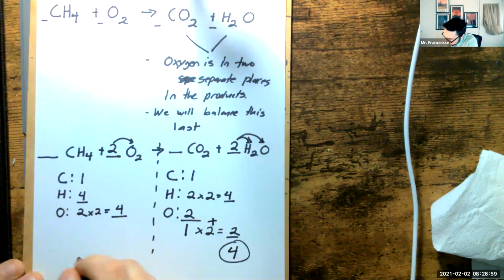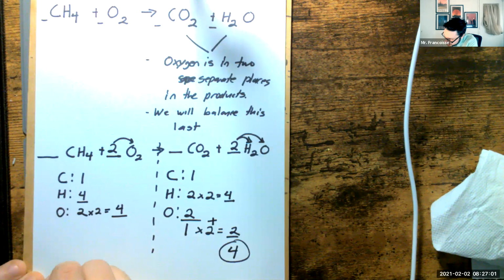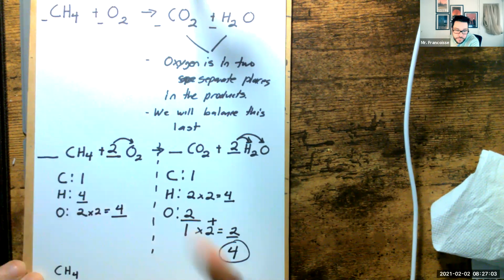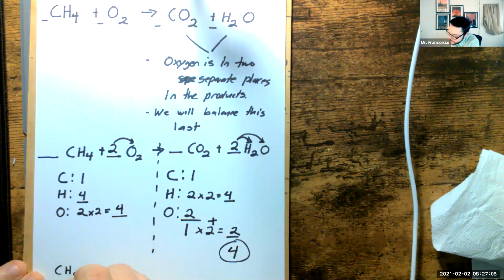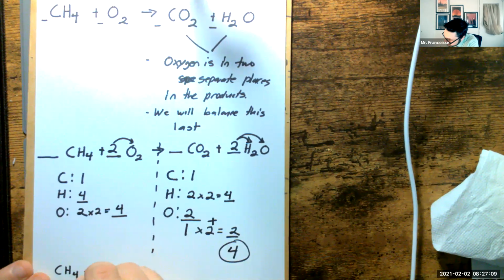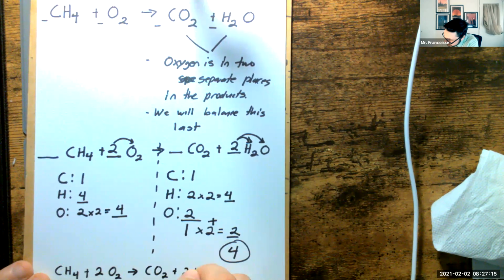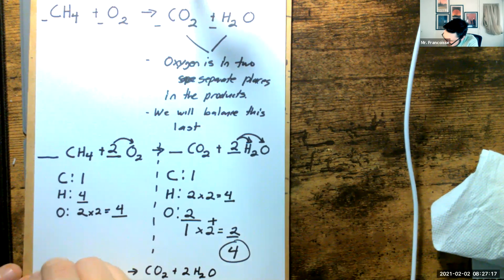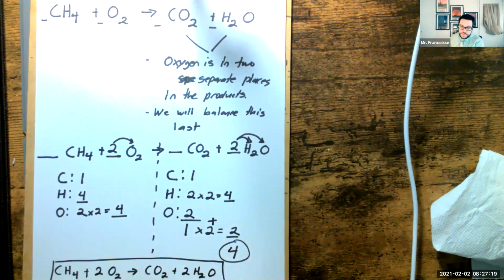So let's just rewrite this so it's nice and clean for us. CH4, we don't include any 1 because we just leave it by itself. We get rid of the blank space. Plus 2O2 gives us CO2 plus 2H2O. That would be our balanced equation down here.